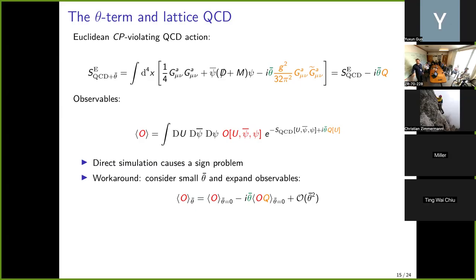This is the CP conserving QCD action, which is well studied on the lattice. This is the additional term which violates CP. And this you cannot simulate directly because it causes a sign problem, and also you would have to generate gauge ensembles for this action, which you want to avoid because it's expensive. The workaround is to consider the CP-violating part as small and expand around the CP symmetric case.